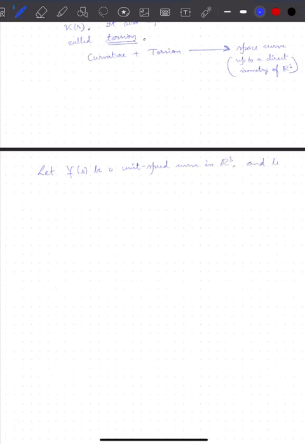and let T vector, equal to gamma dot vector, be its unit tangent vector.